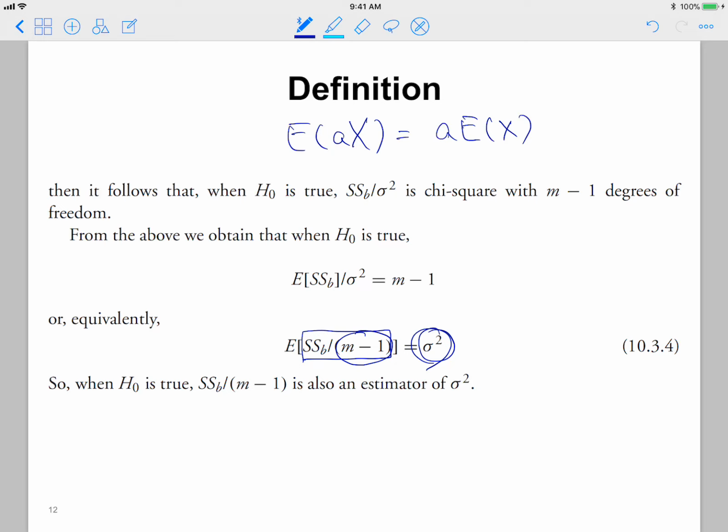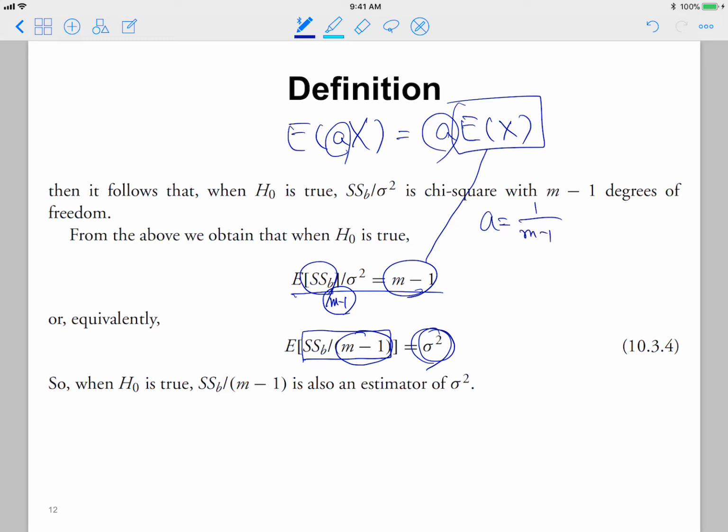Okay, so from here we can divide it by m-1 inside of this random variable. In this case m-1 corresponds to alpha, this one corresponds to this, and a is 1 over m-1, so a times this will be just 1, right?